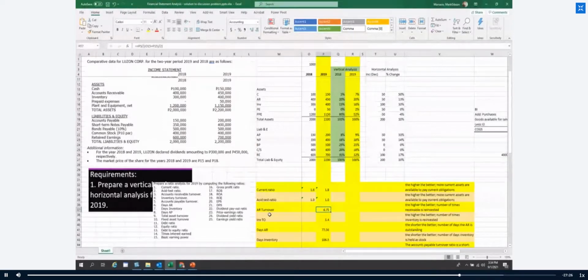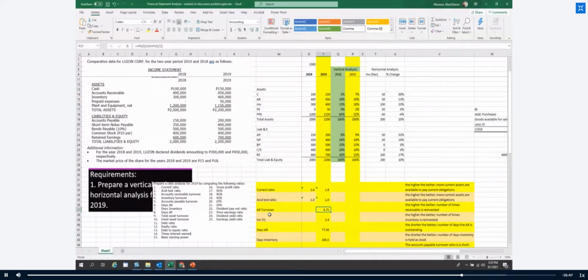So, Luzon Corporation is the third player, meaning you have to compare your financial ratios with another competitor. It could be Globe, it could be PLDT or Smart. So, when you're comparing your AR turnover, this must be higher than the competitor. So, meaning this is basically gauging the number of times your receivable is reinvested.